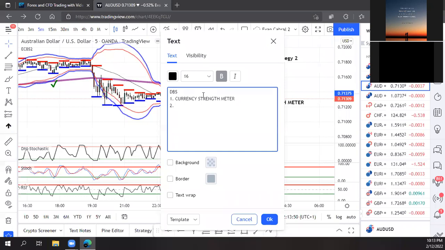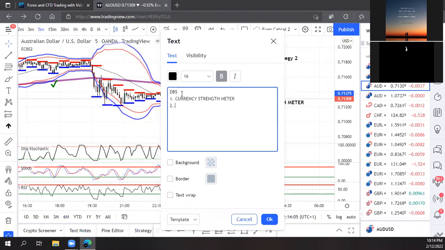No, I know we're supposed to check the news normally. Yes, as a trader you're supposed to check news, but I'm talking about what we're looking for right here on the chart.